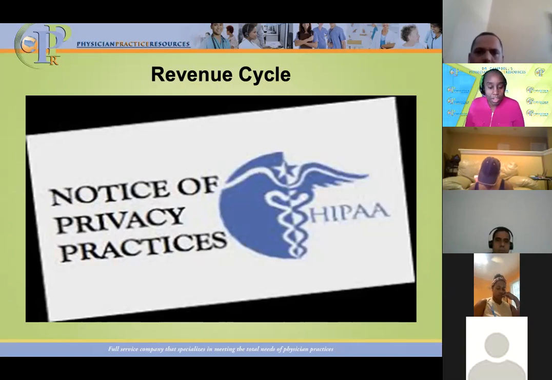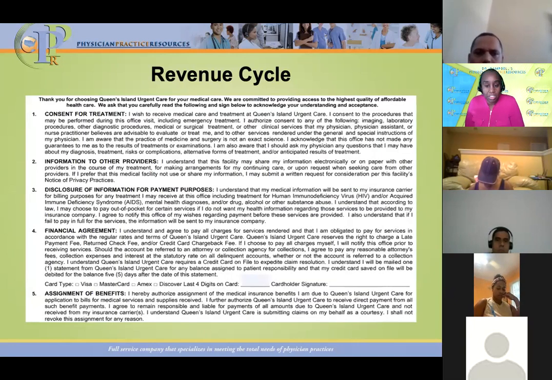The other form that we give the patient is a consent for treatment. This is something that I hate. I hate when the patient access person says, sign here, this is just for us to treat you. Well, this is not just for us to treat you. This is us saying that we can disclose your medical record.